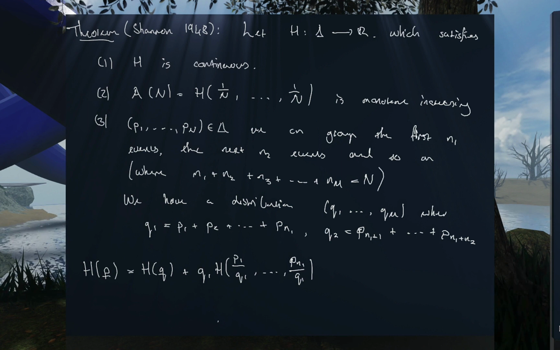So this is like a conditional distribution of the events in the first n1 events conditioned on the fact that at least one of them has happened, and then so on, right? So this is getting increasingly difficult to express in notation. But we'll do the same thing for the next n2 events as well.